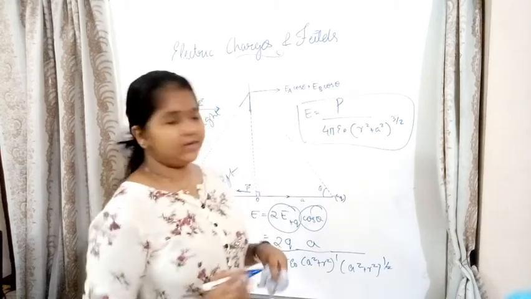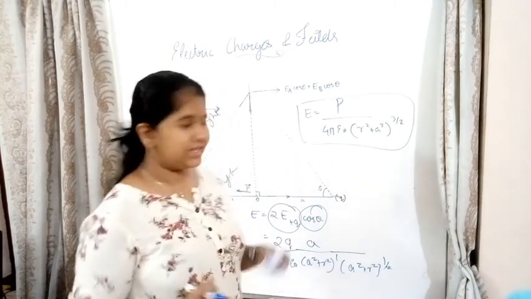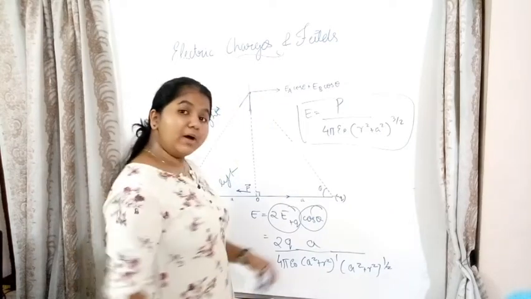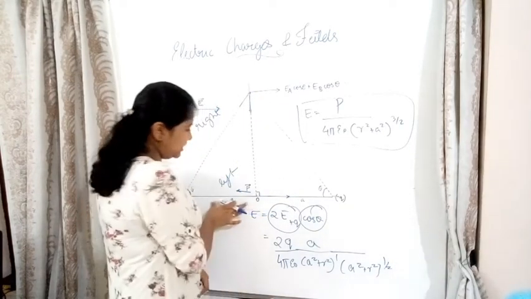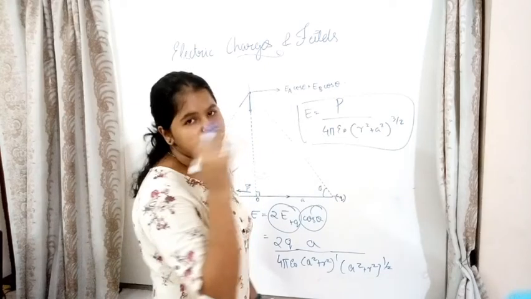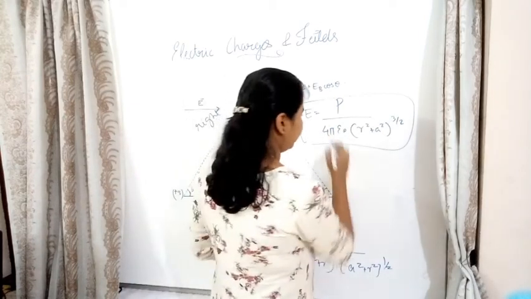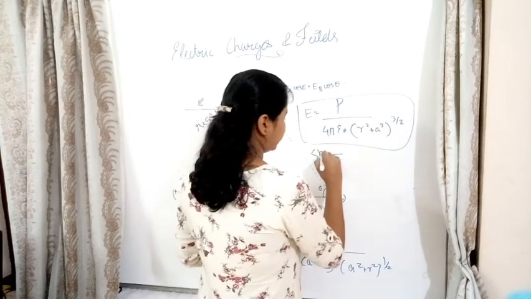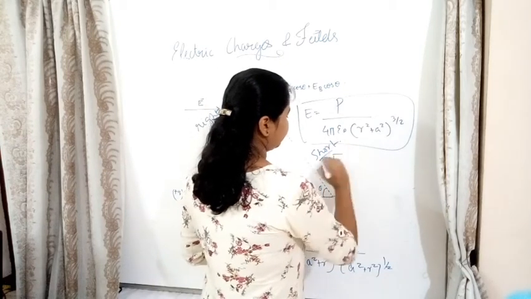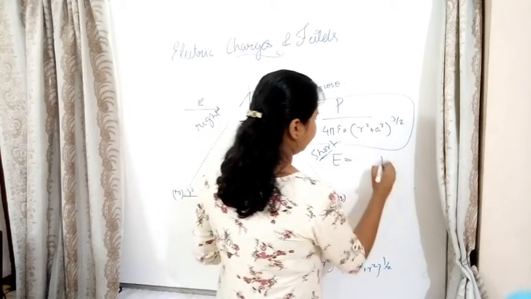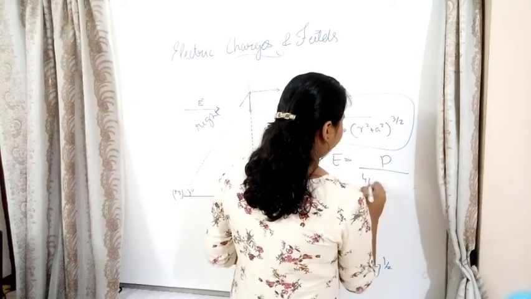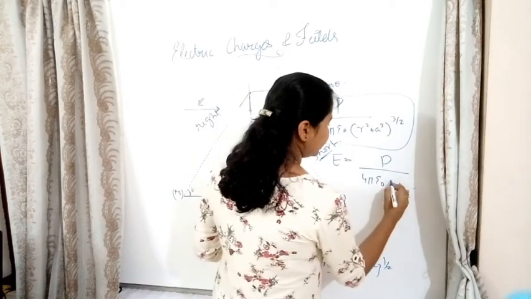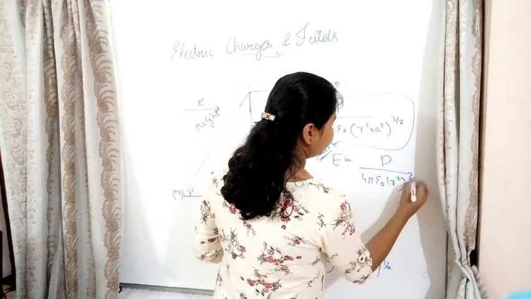Now if A is very small, that is, the distance of this point is much greater than the distance between the charges, then we will neglect A. So what will our equation become? For a short dipole, E is equal to P divided by 4 pi epsilon 0 into R square the whole raised to 3 by 2.